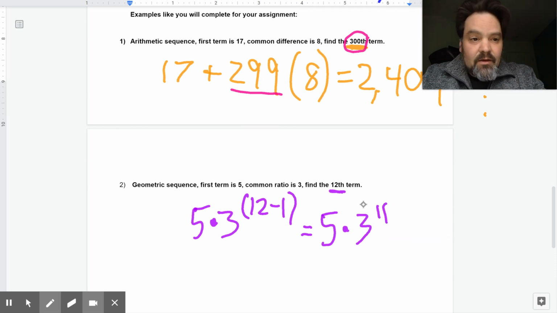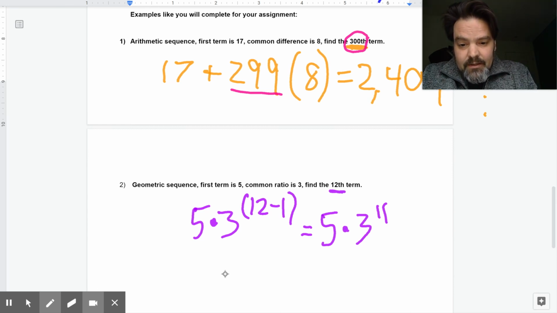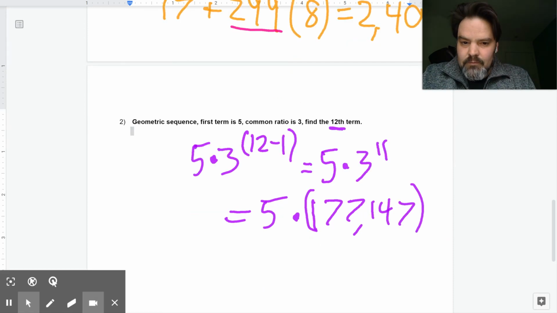And of course, now, because of my order of operations, I want to do the 3 to the 11th power first. Again, I don't know what that is off the top of my head. I do not expect you to know that, but I do expect you to be able to put it in a calculator. So we're going to do 5 times whatever number 3 to the 11th power is.